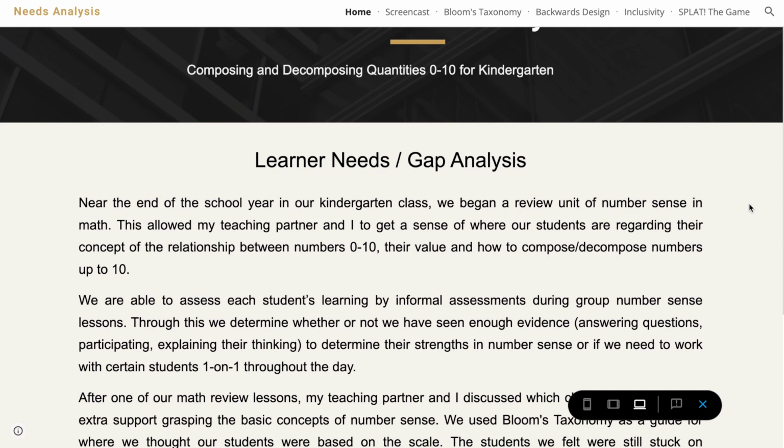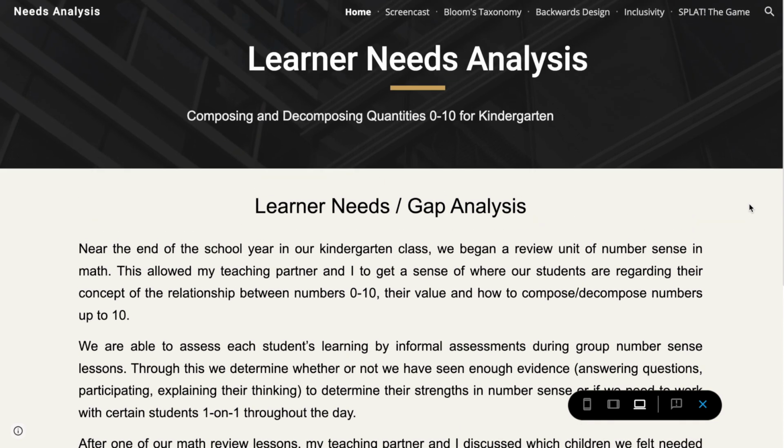Now what we found during a review is that a lot of students still did not grasp the first couple basic skills that they needed to be successful in this unit. So we decided to do a fun game that we usually do called Splat.